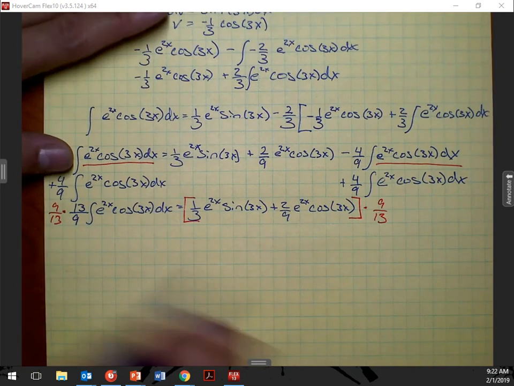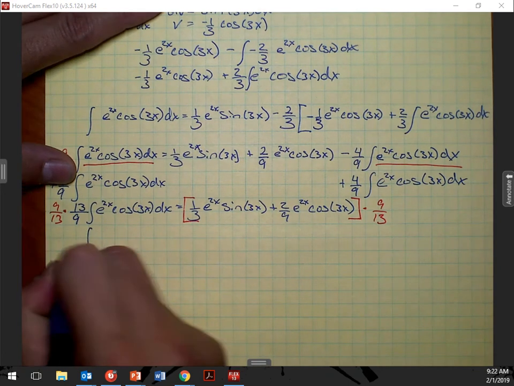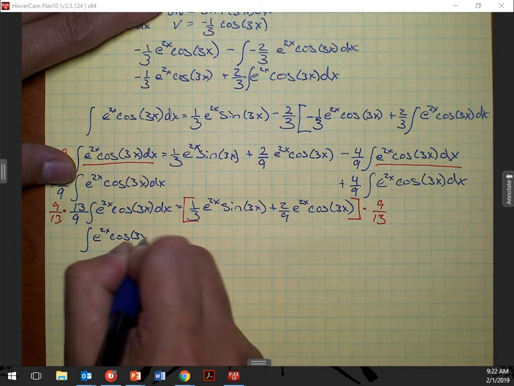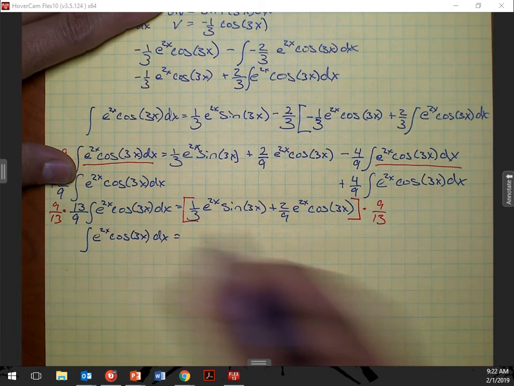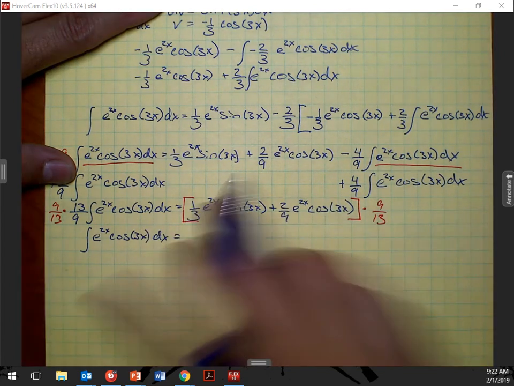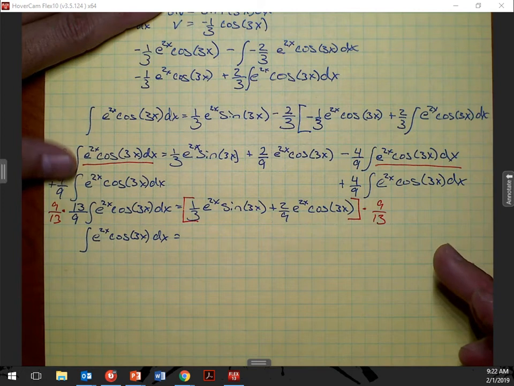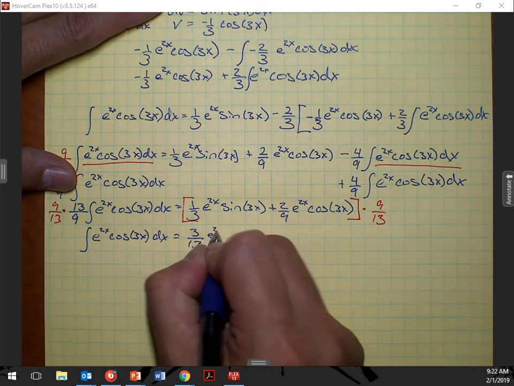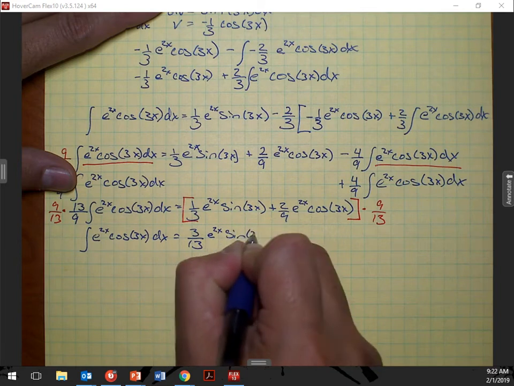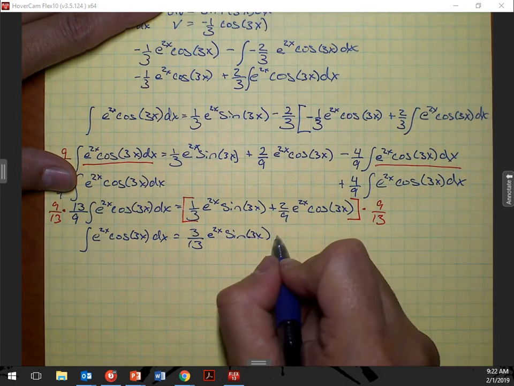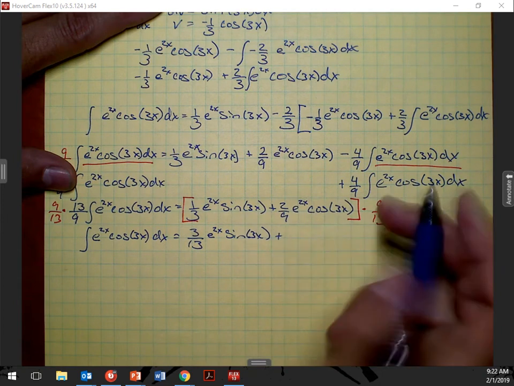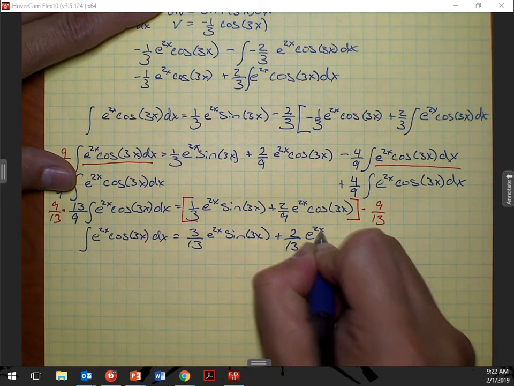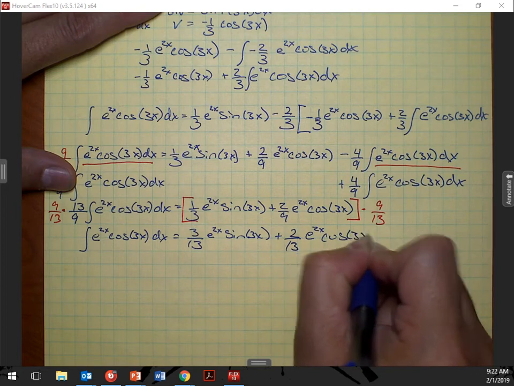So on the left-hand side, that cancels, so I'm left with the integral of e to the 2x cosine of 3x dx is equal to, as I distribute that, what's going to happen? That's going to become 3/13 e to the 2x sine of 3x plus 2/13 e to the 2x cosine of 3x.